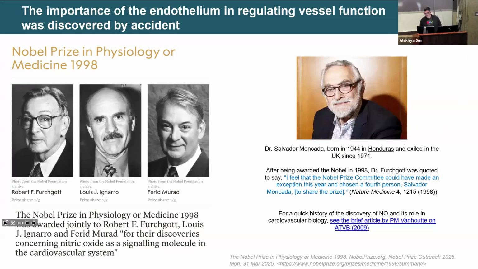But within the rules of the Nobel Prize, you can only award it to 3 people, and they have to be alive, and so on. So ultimately, the Nobel Committee decided that Moncada's contribution was meritorious and worth receiving the prize, but they couldn't do anything else. So they basically snubbed him.